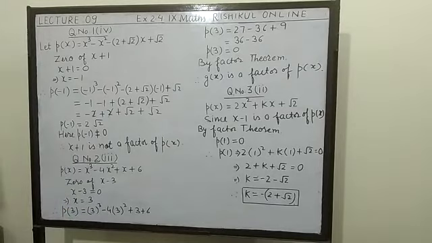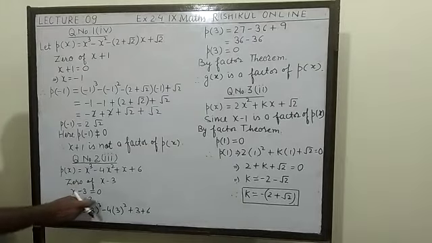Zero of this divisor g of x: x minus 3 equal to 0, x is equal to 3.